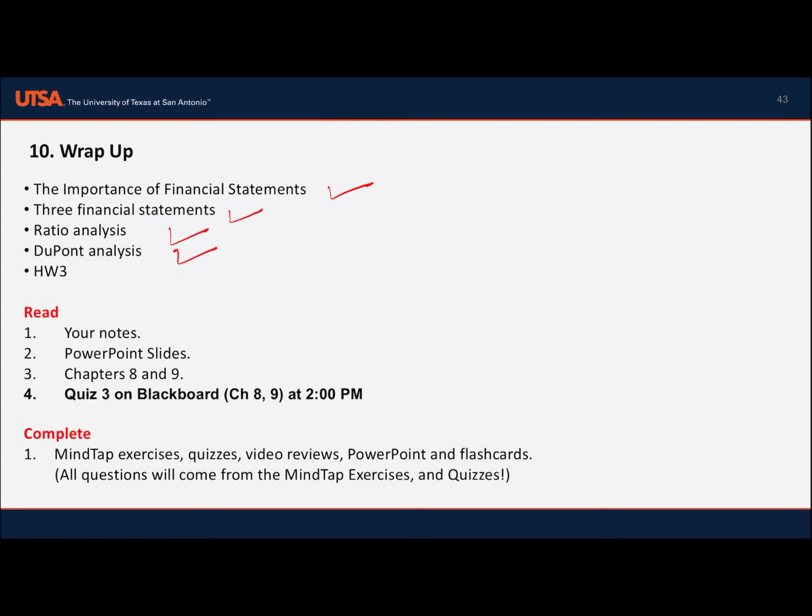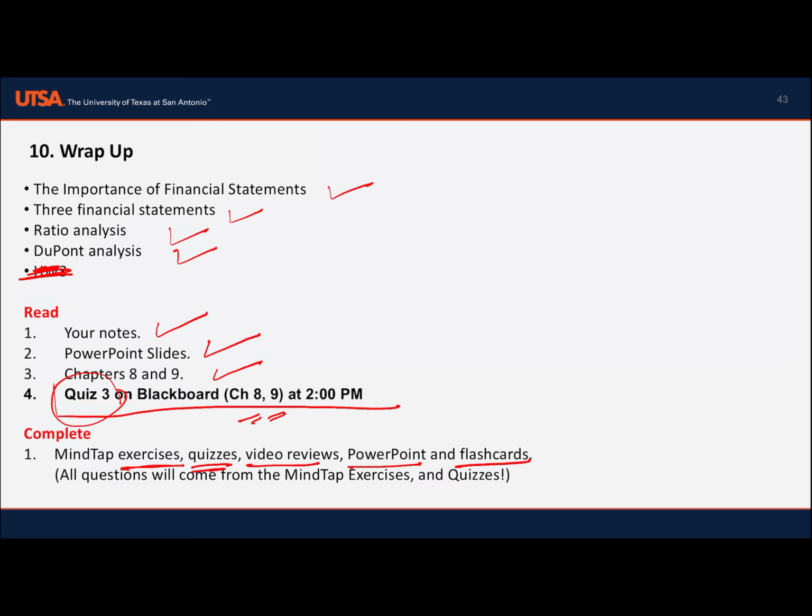And you don't have homework. So please read your notes, PowerPoint slides, chapters 8 and 9, and you will have a quiz on Blackboard, which only includes chapter 8 and chapter 9 at 2 p.m. So before having your exam, quiz 3, please go to MindTap and do the exercises, solve the quizzes, and they have video reviews, PowerPoint slides, and flashcards.